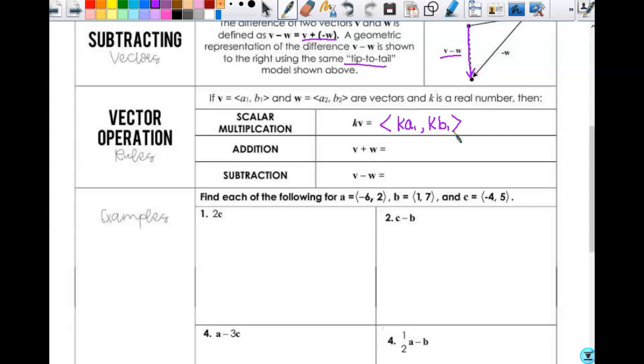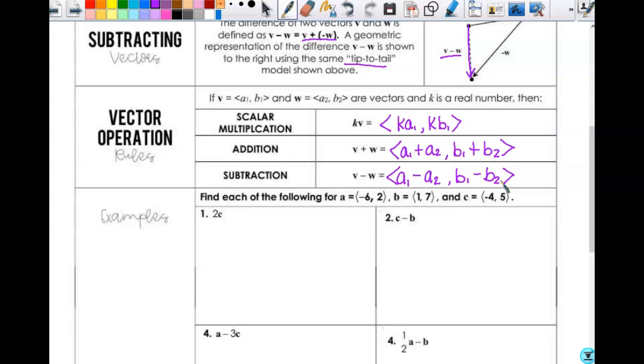If we're going to add the 2, you just add them like you would ordered pairs: ⟨a1 + a2, b1 + b2⟩. If I'm going to subtract them, it would be ⟨a1 − a2, b1 − b2⟩. It's as it would seem, what you would think would be happening there.